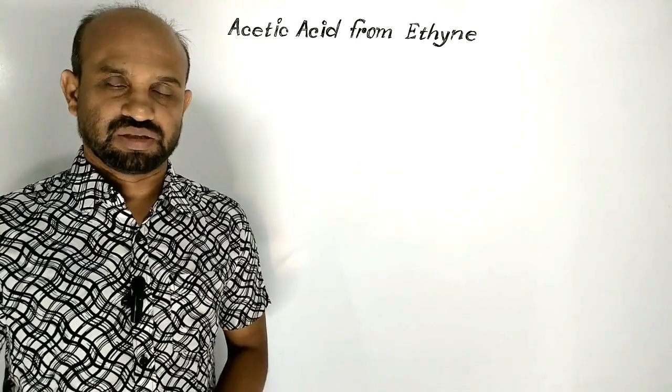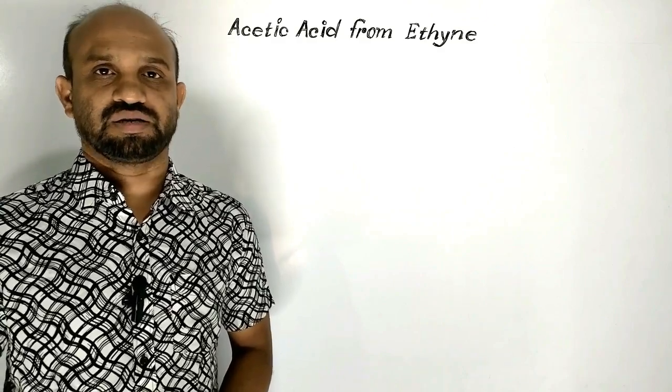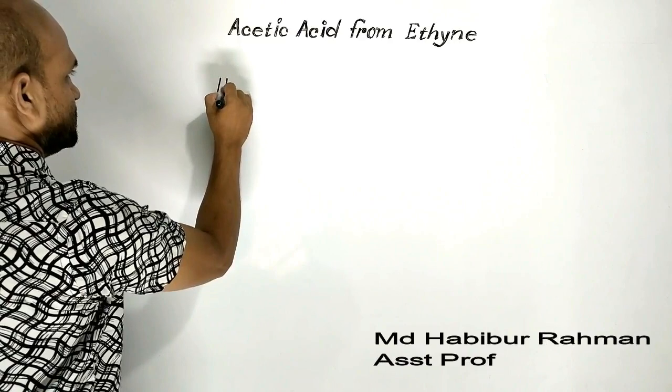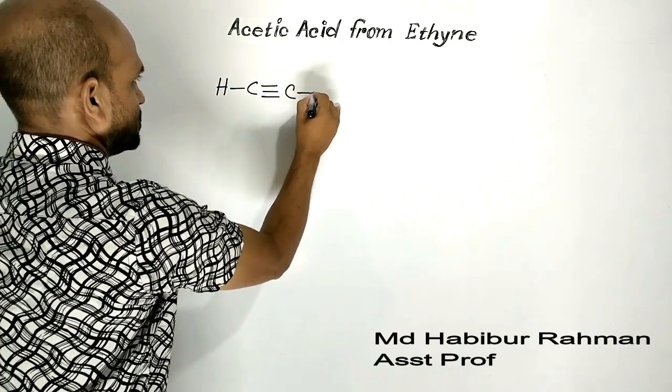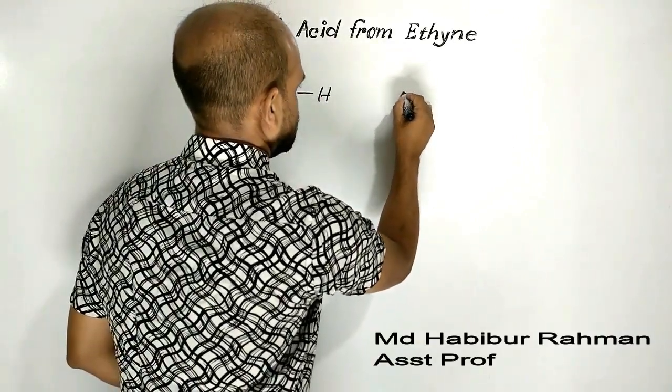Acetic acid from ethyne. Let us see molecular formulae of acetic acid and ethyne. Ethyne, carbon-carbon triple bond, and acetic acid.